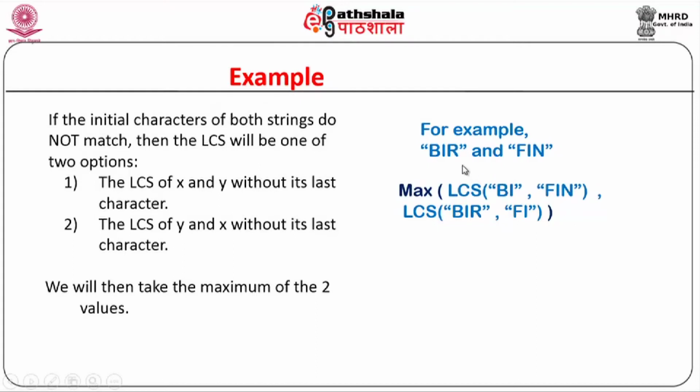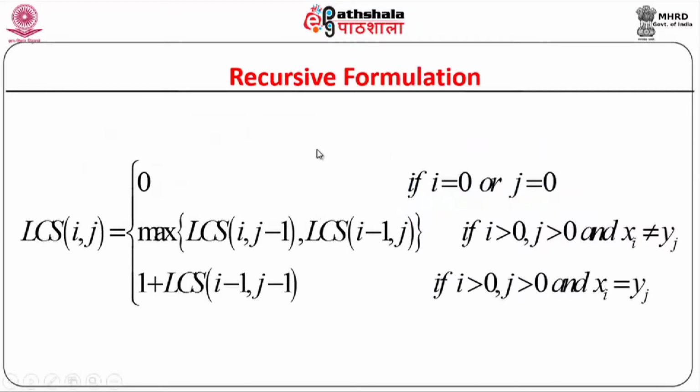For example, if you take two strings BIR and FIN, you see the last characters do not match, therefore it becomes the LCS of BI and FIN or the LCS of BIR and FI. We are going to take the maximum of these two values and then enter it. In this case, we can consider either the first character or the last character, both are right, but consistency has to be maintained.